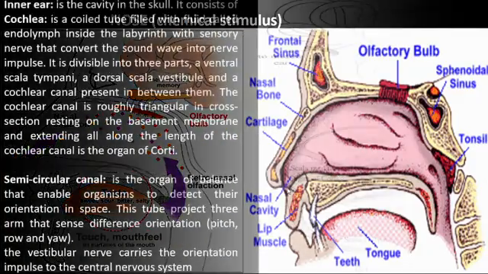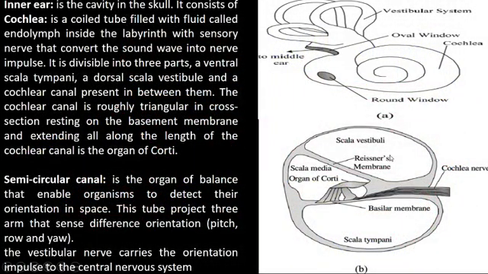In that diagram, one of the things you can see is this separator, wire-like structure and 3 regions here. This region is called the scala tympani. This region is called the scala media, with the organ of Corti. This is the organ of Corti.